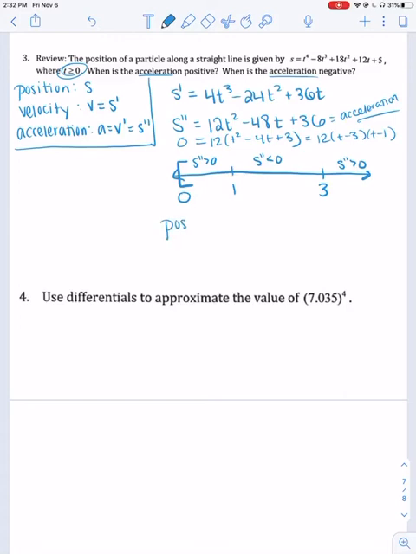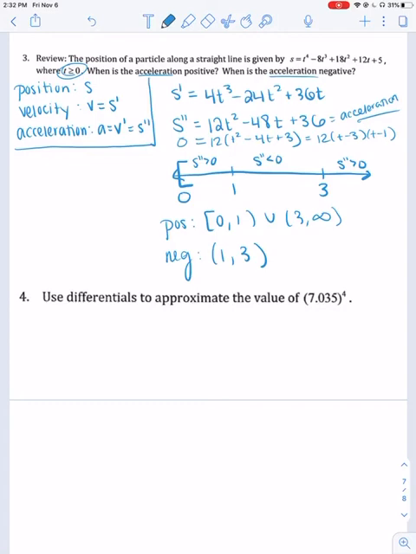It is positive on the intervals 0 to 1 and 3 to infinity. And then it is negative on the interval 1 to 3. All right, so that is that one.